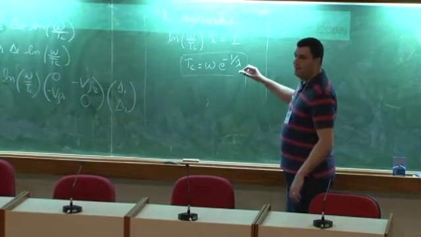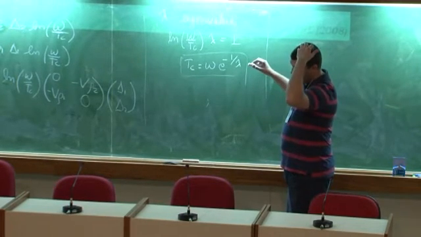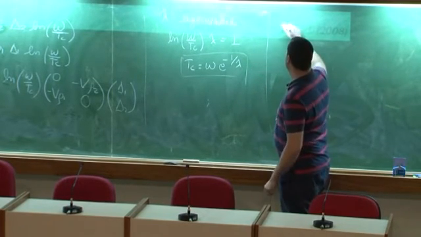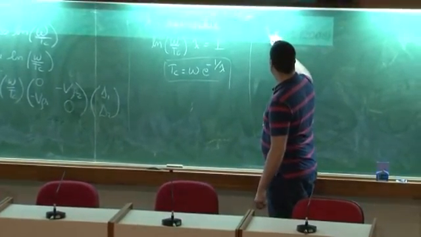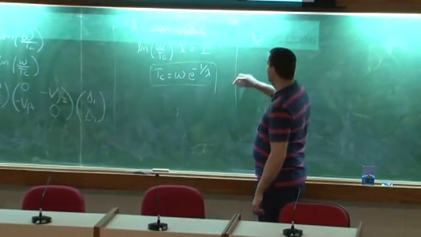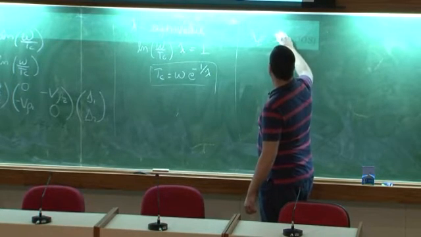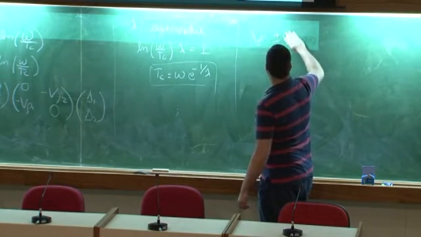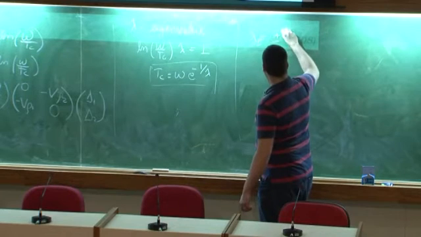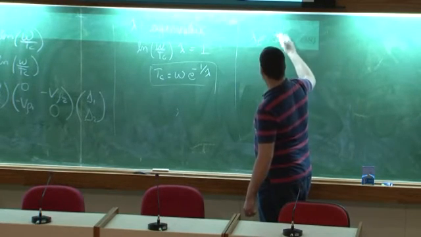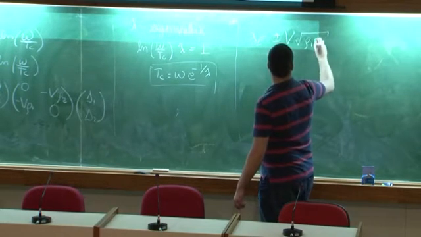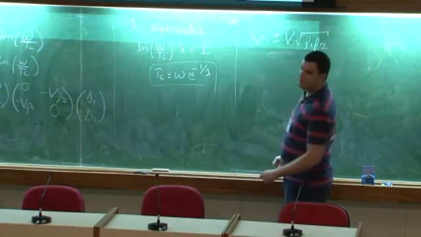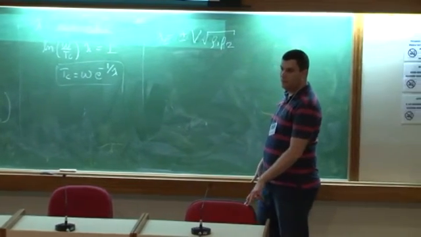Okay. Square root of the 2 diagonals. Very good. So I have 2 eigenvalues, which I'm going to call lambda plus and lambda minus, which is plus or minus V times the square root of rho 1 rho 2. That's the eigenvalue.